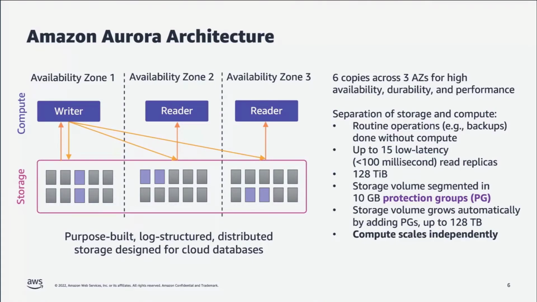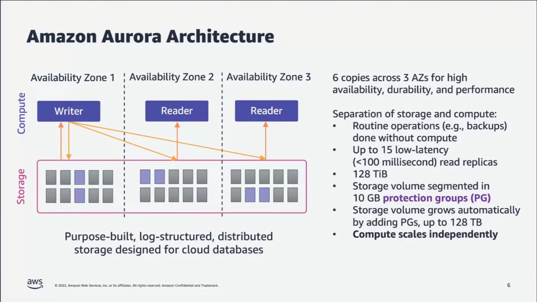Aurora uses a purpose-built distributed storage layer, which stores your data across 3 availability zones. We keep 6 copies of your data across 3 availability zones. And depending on the database size, your data is striped across hundreds or even thousands of storage nodes. So with that, what you get is better availability, durability, and performance.